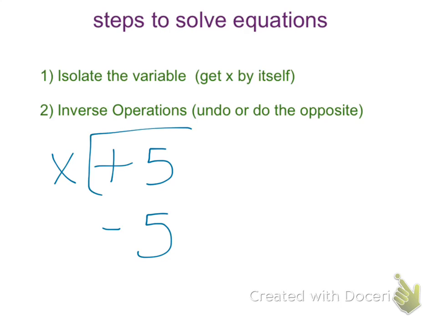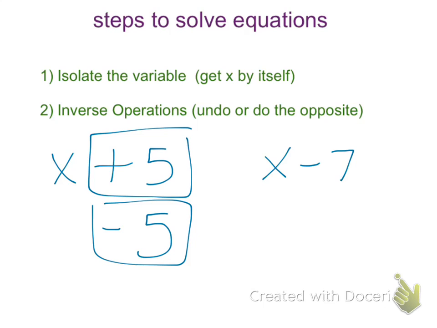So this is the opposite, or the inverse operation. If my problem was x minus 7, the inverse operation wouldn't be minus 7, but it would be adding 7. So that's what inverse operation means. It's basically the opposite. Feel free at any time to pause this if I am talking too fast for you.